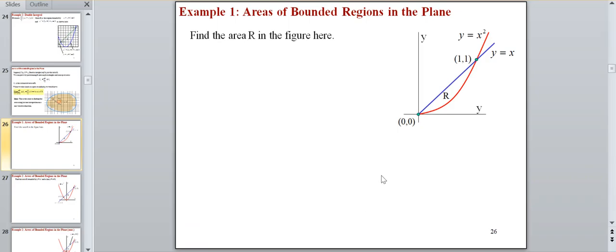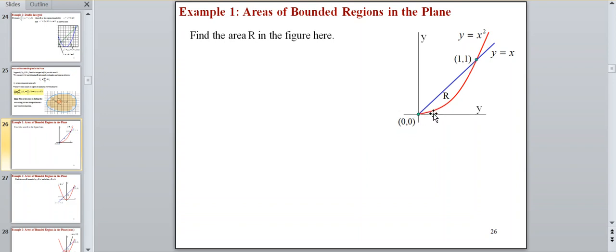So look at here, this is easy. So here x is 0, and this point, the intersection point of, actually you can see we have two curves here, one is y equals x squared, this parabola, and y equals x, this is a straight line, and the intersection points of these two curves are (0, 0) and (1, 1).